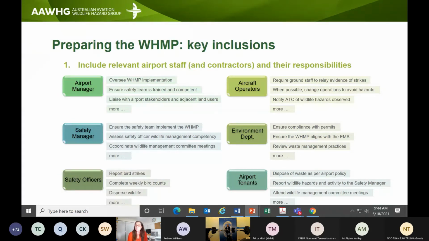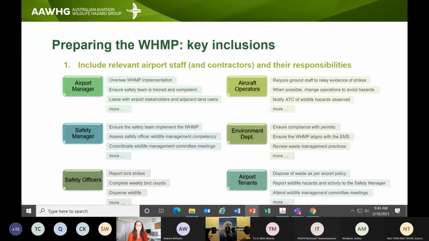Looking at the airport manager, for example, they may be responsible for overseeing the implementation of the WHMP. They may be responsible for ensuring that the safety team is trained and competent in their wildlife hazard management duties. And they might also be responsible for liaising with the various airport stakeholders and any adjacent land users that may be contributing to the wildlife risk.